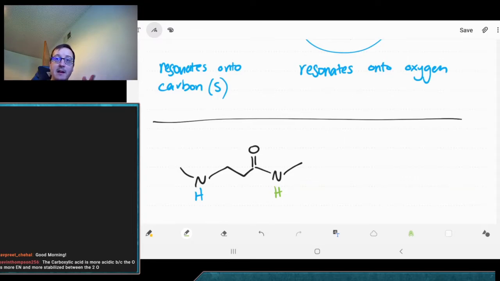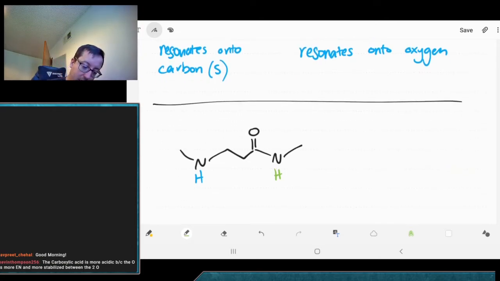If I'm asking you to compare which of these two hydrogens is going to be more acidic than the other, what we want to do in each case is take a look at the conjugate bases.